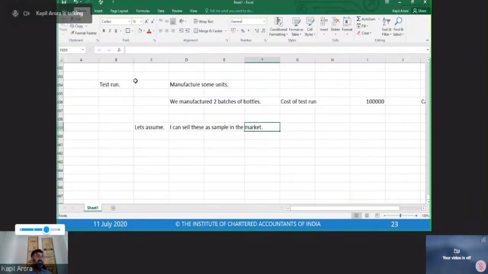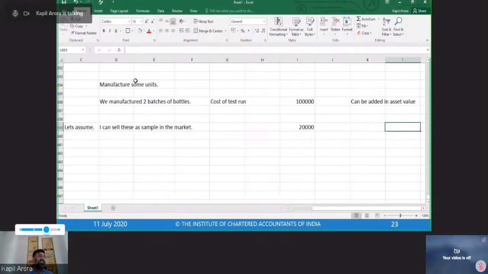I have incurred 1 lakh, but I can sell these samples for 20,000. Now, these samples are produced incidentally, because I wanted to do the test run. Incidental means just because I wanted to do something, I got another thing.